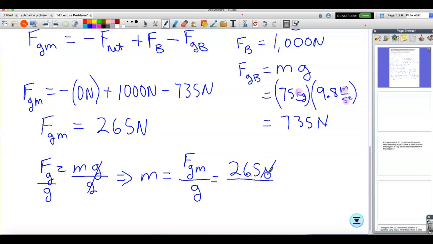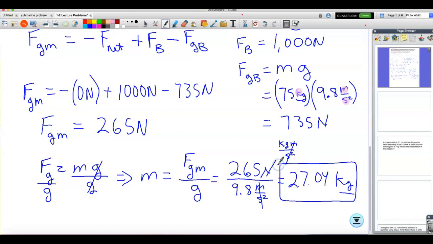That's the most that mass can weigh and not sink the boat, because we had that 0 net force. Divided by 9.8 meters per second squared, 265 divided by 9.8 is 27.04. And what units? Remember, inside that newton is a kilogram meter per second squared, so the meters per second squared cancel and leave us with kilograms. Kilograms is a mass, so that makes me feel good that we're on the right track. So the most mass we can put in that boat and not sink it is 27.04 kilograms.